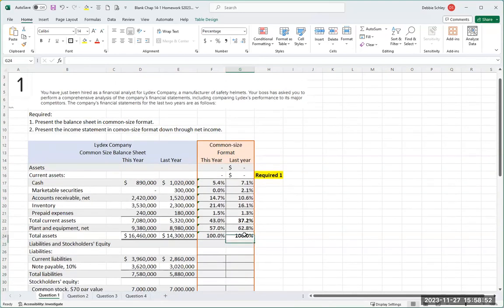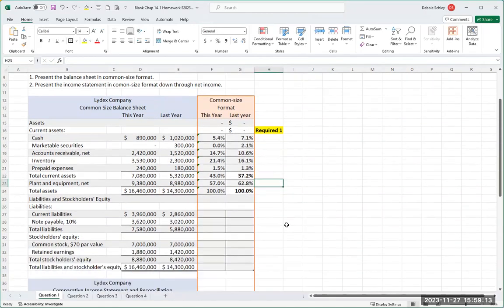I do want it to go this far though, because we're just dealing with the assets at this point. So this is 100% because it's this number divided by itself. For each line, it's going to be that line divided by total assets. So that's the first part.